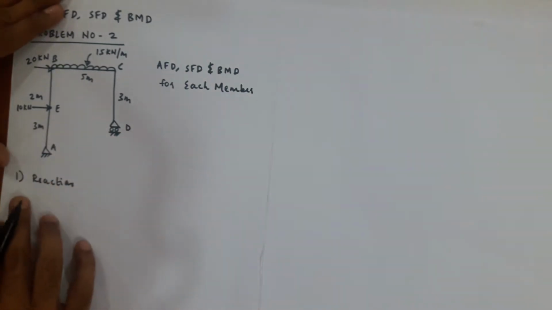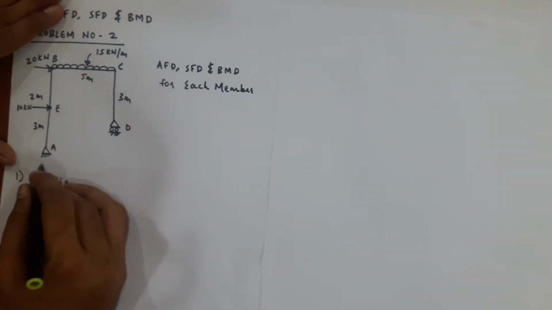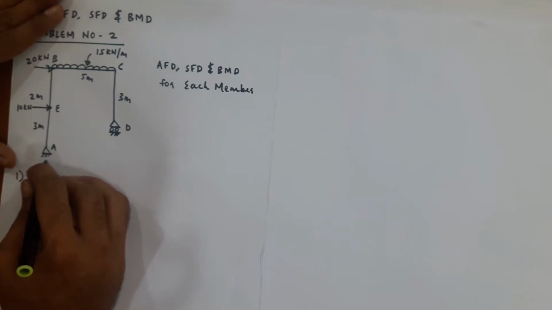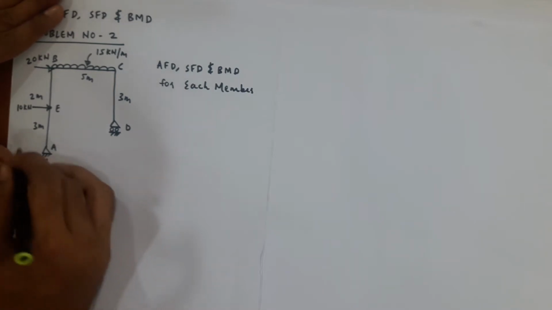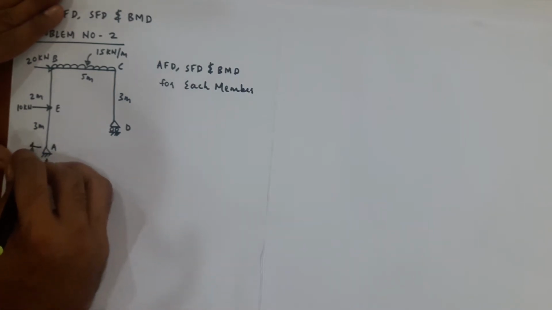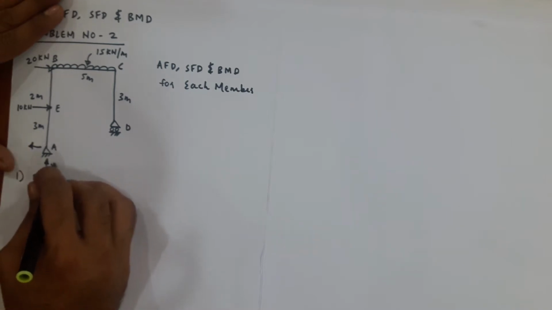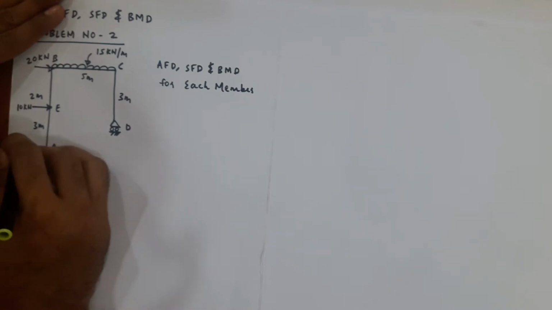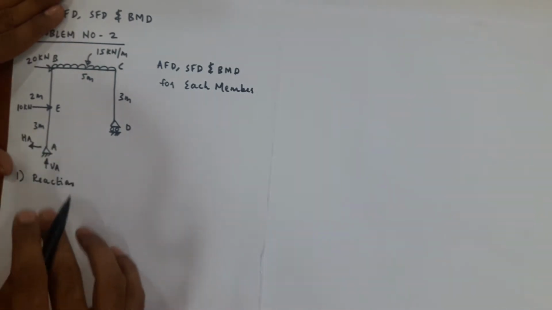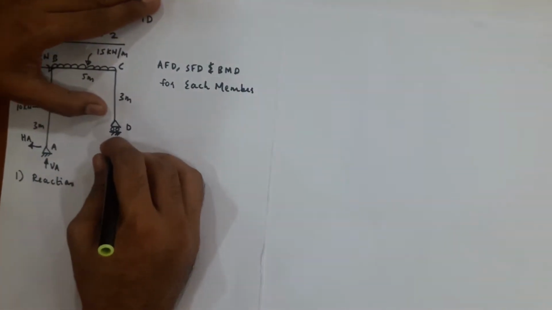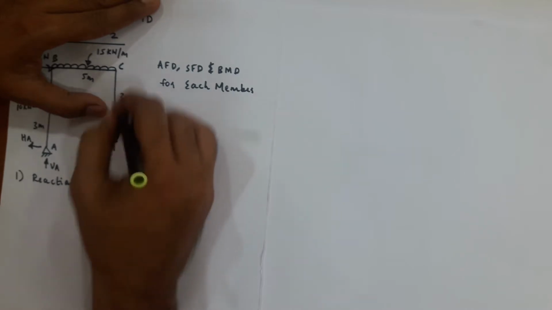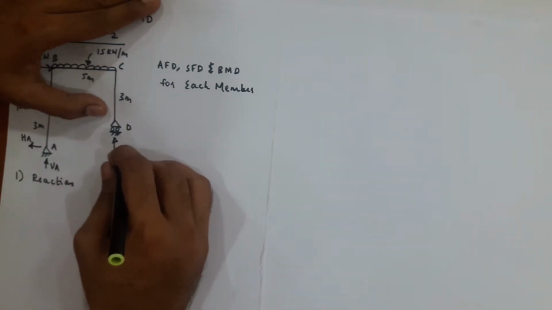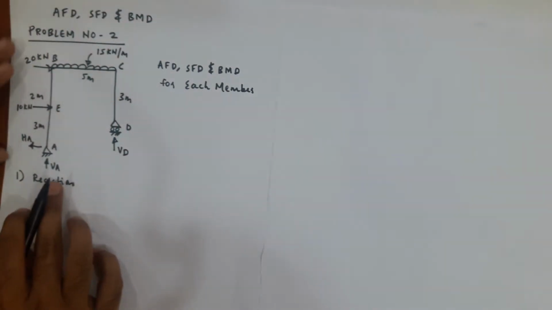We know from the basics, hinge support is offering two reactions, one vertical and another horizontal. We are naming them VA, the vertical reaction at A, and HA, the horizontal reaction at A. And at roller support we have only one reaction perpendicular to the support, the vertical reaction VD. So we need to find these.